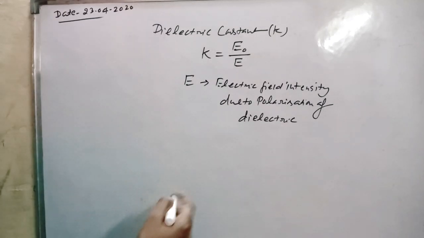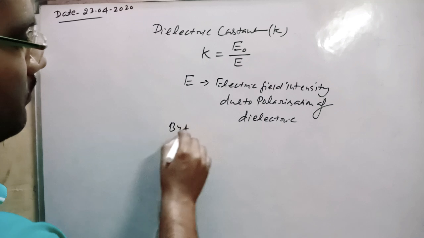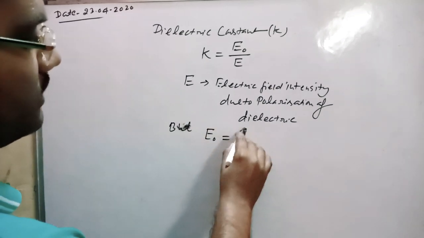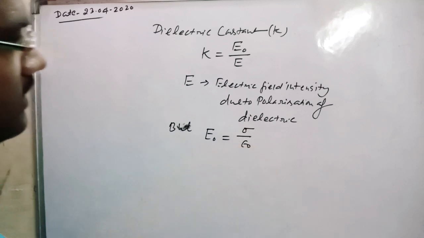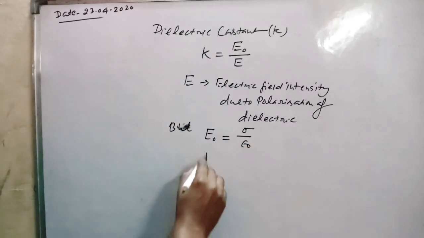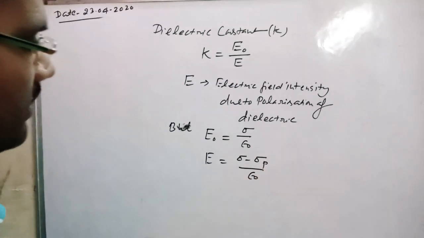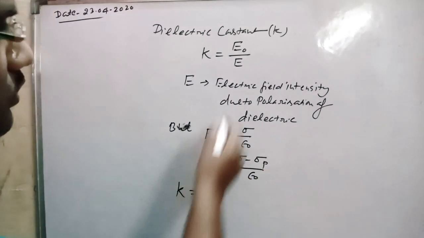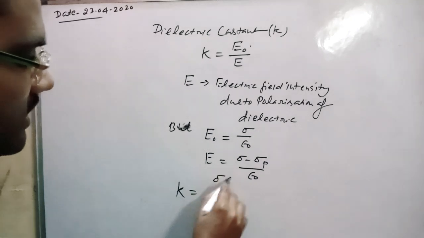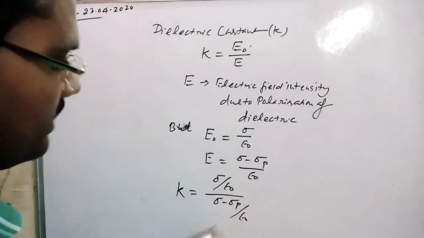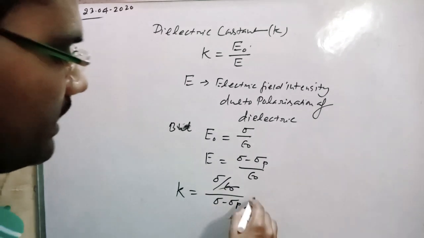Now I will substitute the value. E naught is equal to sigma by epsilon naught, and E is equal to sigma minus sigma p divided by epsilon naught. Here K is equal to E naught by E. Now substituting, sigma by epsilon naught divided by sigma minus sigma p divided by epsilon naught. Epsilon naught cancels.